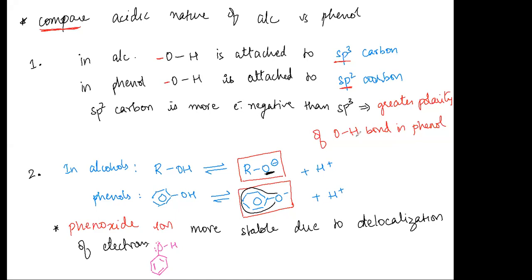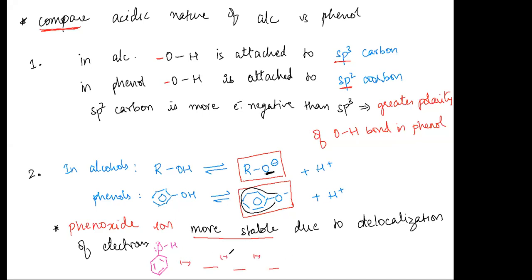Now, the second reason is that when you compare the conjugate bases, alkoxide ion versus phenoxide ion, the phenoxide ion is more stable due to the delocalization of electrons. If this was a direct give-reason type of question, draw the resonance structures of the phenoxide ion also.